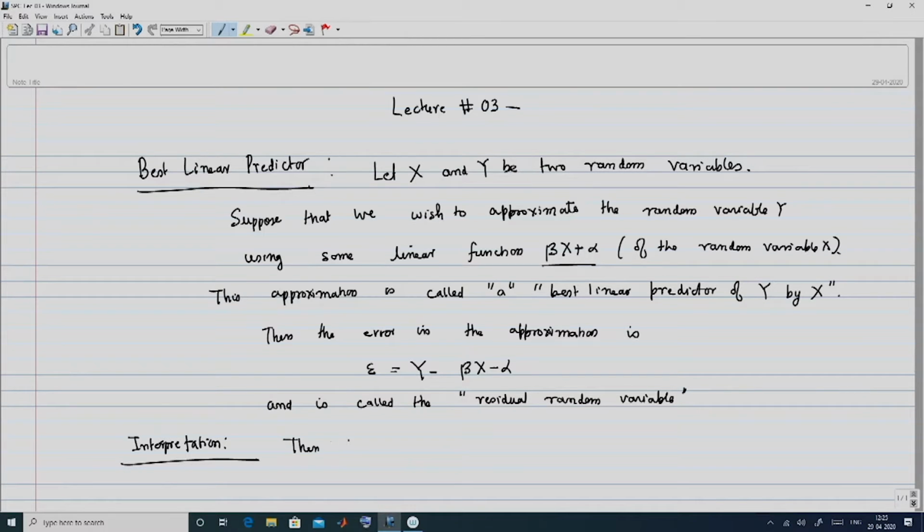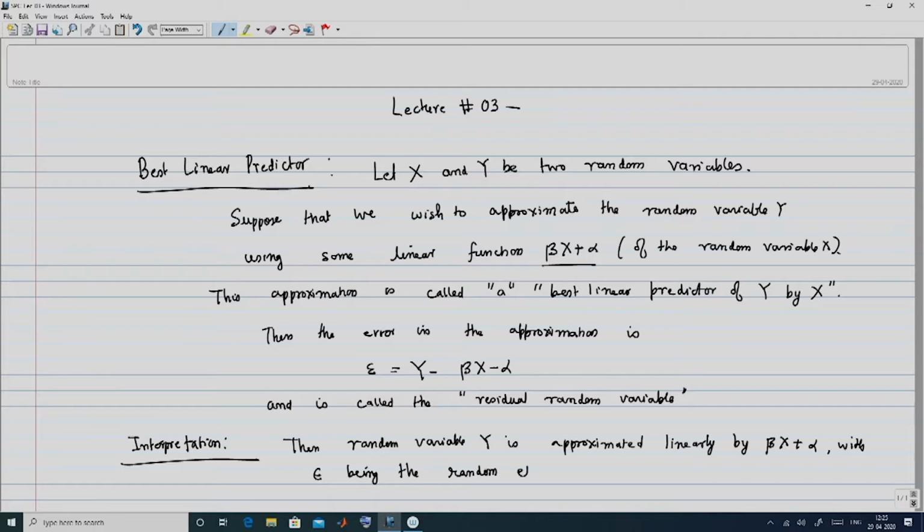The brief interpretation of this is that the random variable y is approximately estimated, or approximated linearly, by beta x plus alpha with epsilon being the random error.